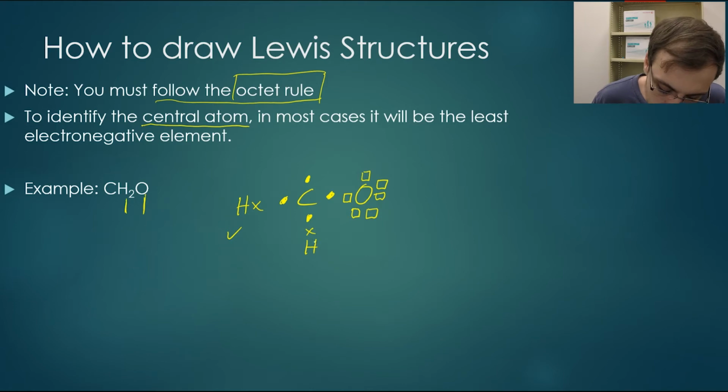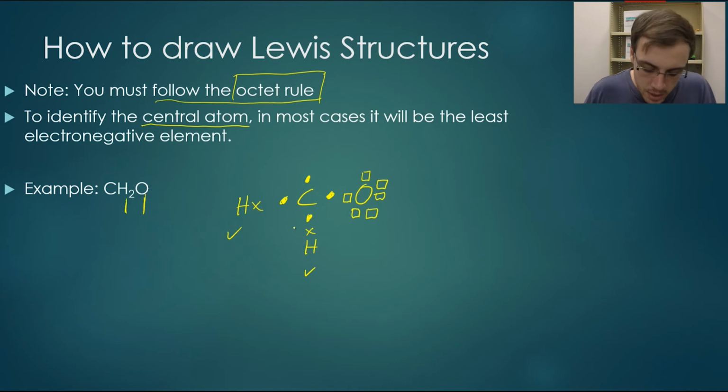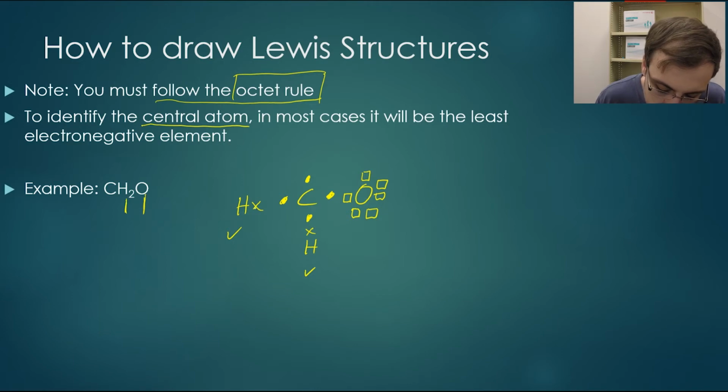Looking now at this hydrogen. Again, it has 1 electron here and 1 electron here, so that means that hydrogen has 2 electrons in its outermost shell. So hydrogen is happy. Now let's look at carbon. Carbon has 1, 2, 3, 4. But because it's bound to these elements, it also has their electrons too, because they're being shared. So 1, 2, 3, 4, 5, 6, 7.